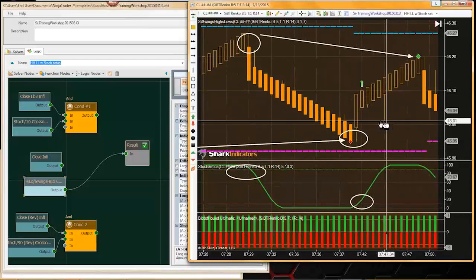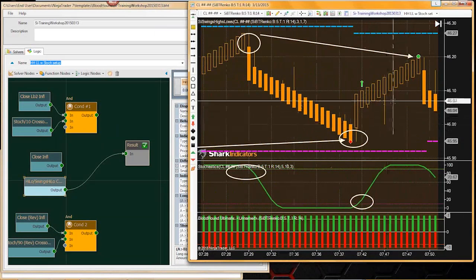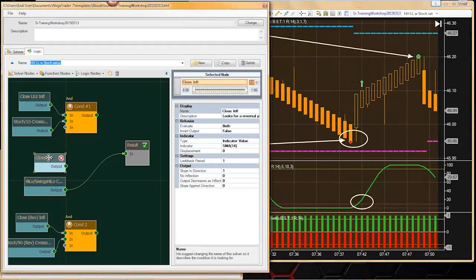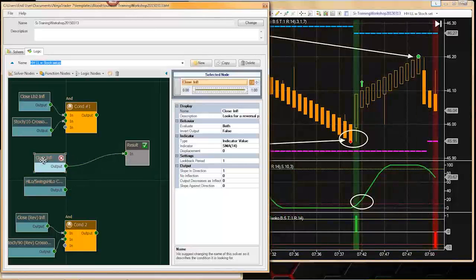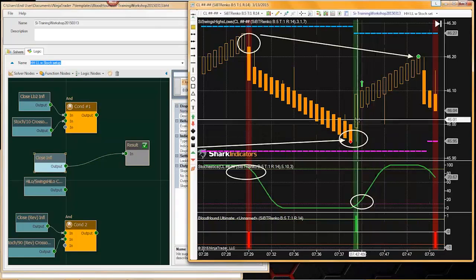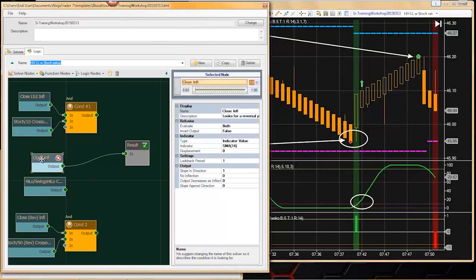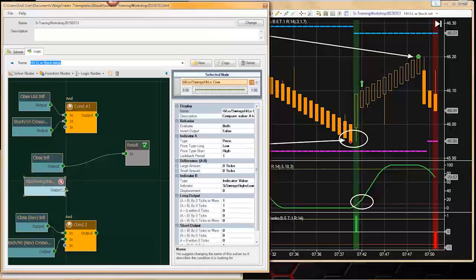So we can see that in all this area we have a long output. Now hopefully that helps explain why we need this closing price inflection solver, because it gives us this single bar here. And we're going to connect these two together with an AND node eventually.